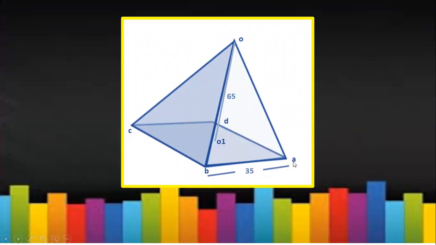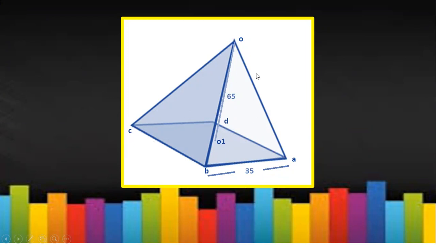The diagram shows a square pyramid because it has a square base. A, B, C, D is the square base. The center of the square base is O1 and O is called the apex of the pyramid. All the corners of the base are connected to this apex.